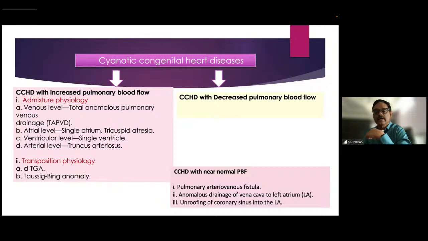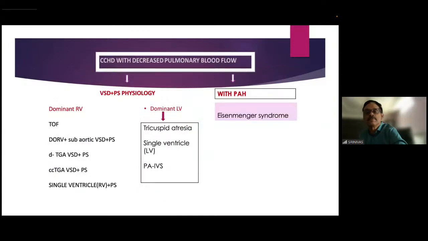Now, CCHD with near normal pulmonary blood flow has some examples, and I will not be touching these conditions in this talk. The more emphasis will be on increased pulmonary blood flow, and much more on CCHD with decreased pulmonary blood flow, especially VSD-PS physiology. The decreased pulmonary blood flow group is further subclassified into VSD-PS physiology and those with pulmonary arterial hypertension. VSD-PS physiology, as we discussed just now, can be of dominant right ventricle or dominant left ventricle type.